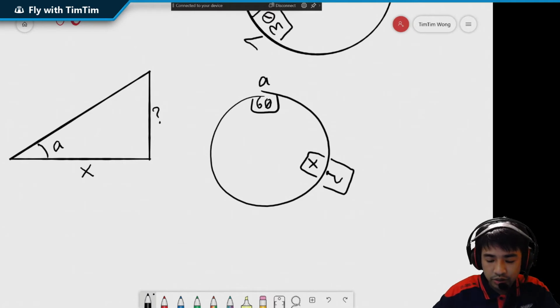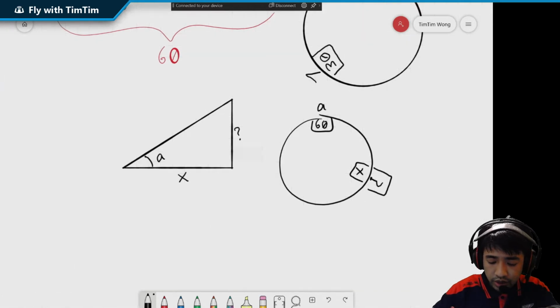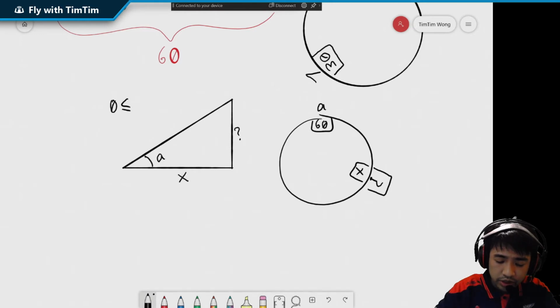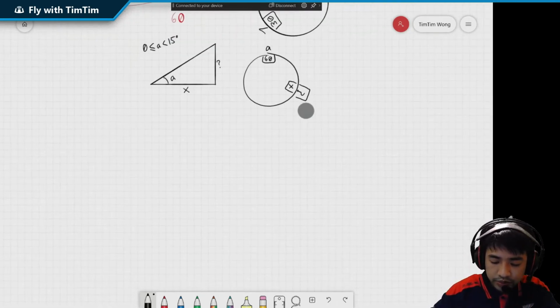That's how you use the flight computer to find the length of this question mark for A between 0 and 15 degrees. Not including 15, but less than 15 degrees.